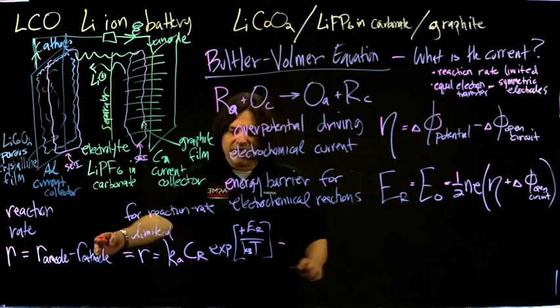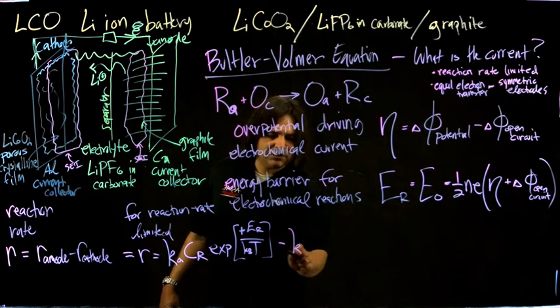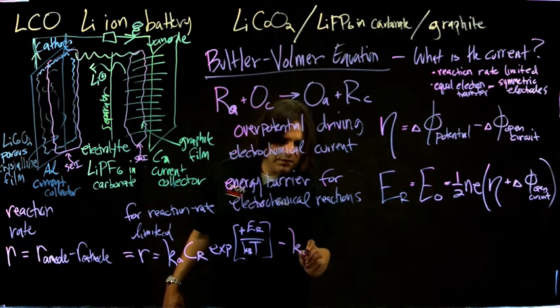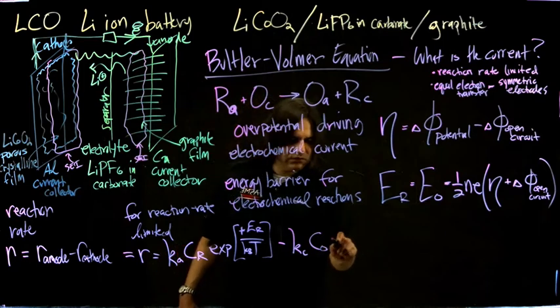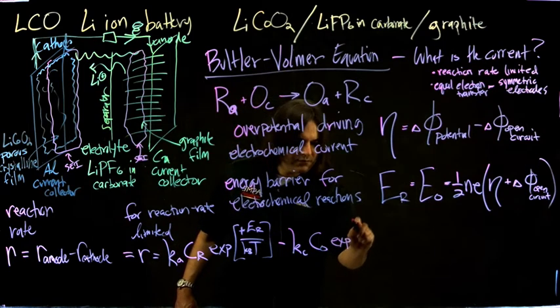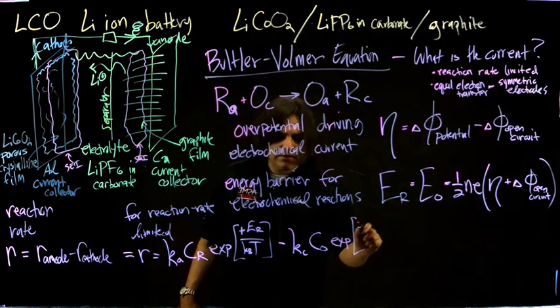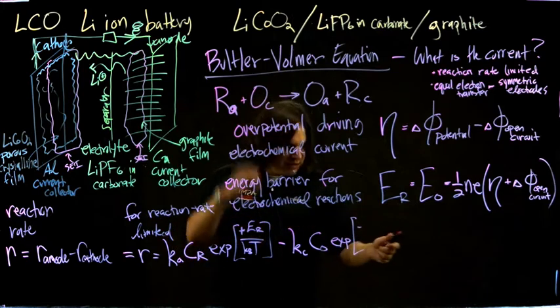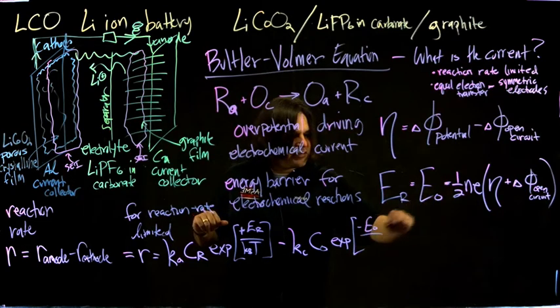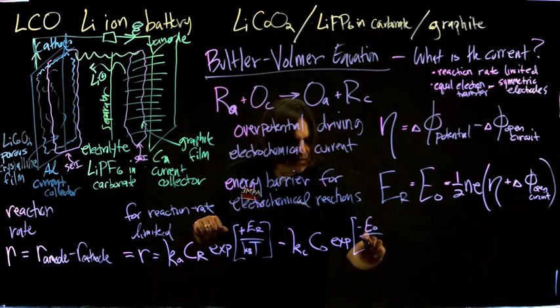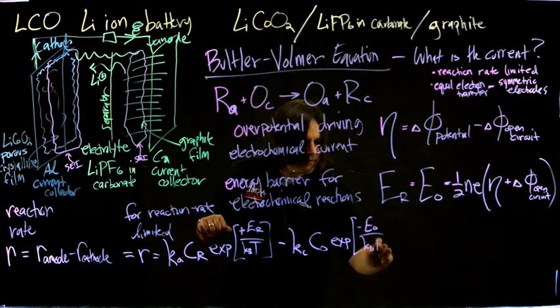Then the cathode reaction has some rate coefficient, and depending on the concentration of the O species there. And in this case, one is a positive voltage, one is a negative voltage, so it'll be a negative activation energy. It's the same magnitude, but it's negative in this cathode reaction.